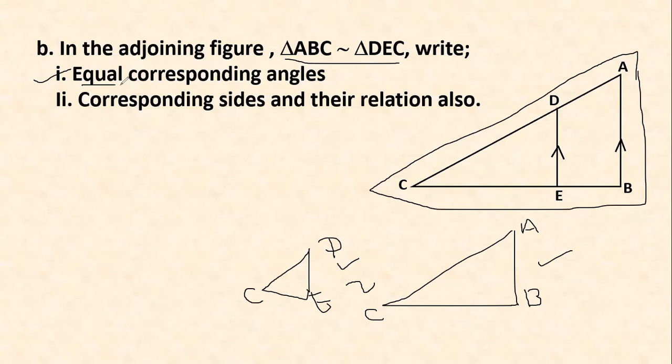First, write equal corresponding angles, just like number 1A, and then the same for corresponding sides and their relation. Are you clear here? I will give you 2 minutes. First you write there, then I will ask you again.